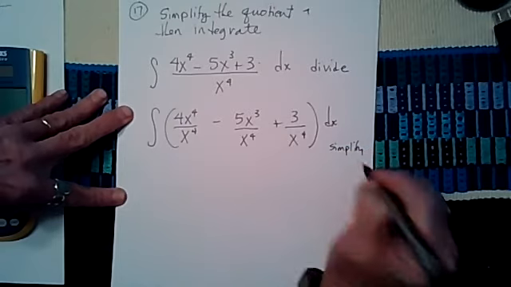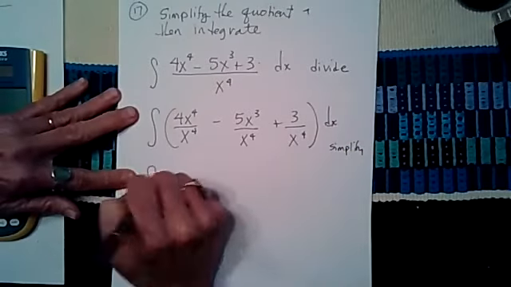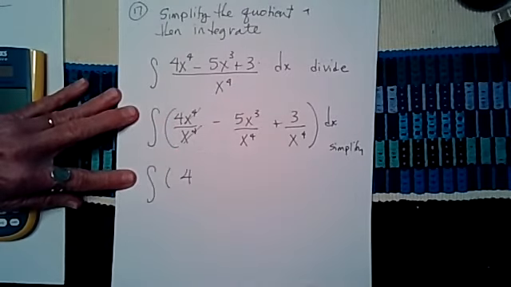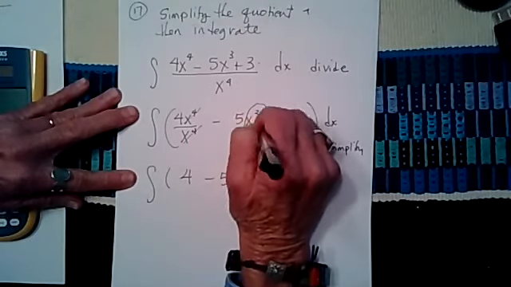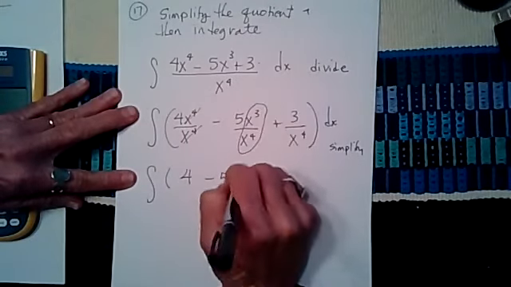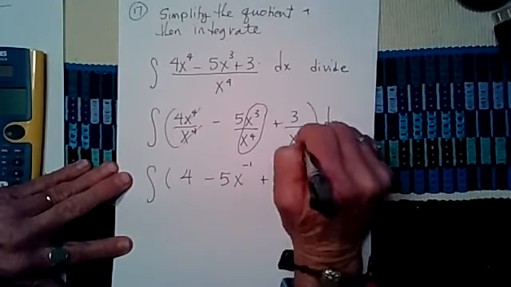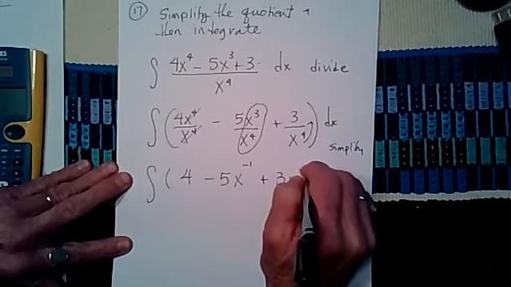And remember, when we multiply like bases, we add our exponents. When we divide like bases, well, x to the 4th over x to the 4th just gives me 4 minus 5, and x cubed over x to the 4th, 3 minus 4 is -1, okay, plus, and then I just move this one up, 3x to the -4.